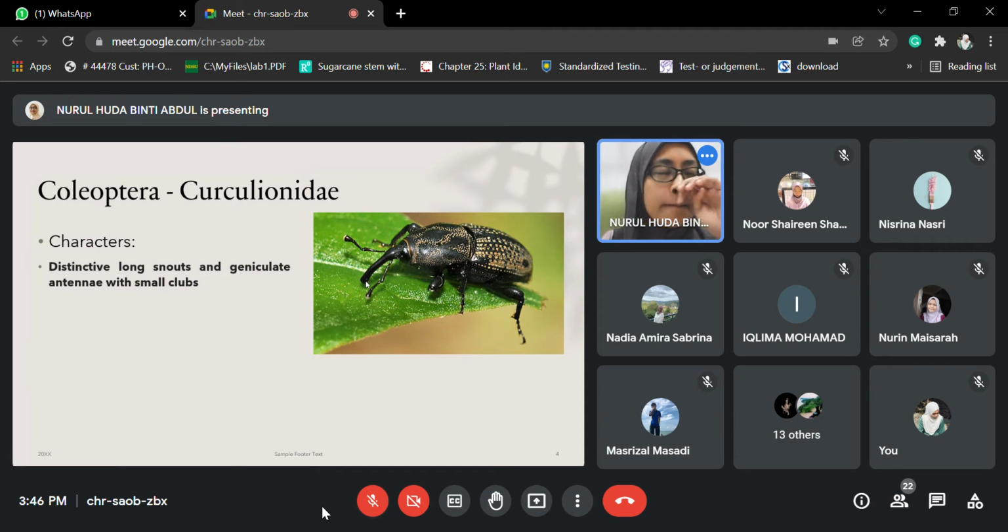If you think logically, it's not actually pointing forward, because its beak is pointed downward. So you can try to describe it based on the position of the head and the mouth part. But in certain specimens we may not see that part clearly.